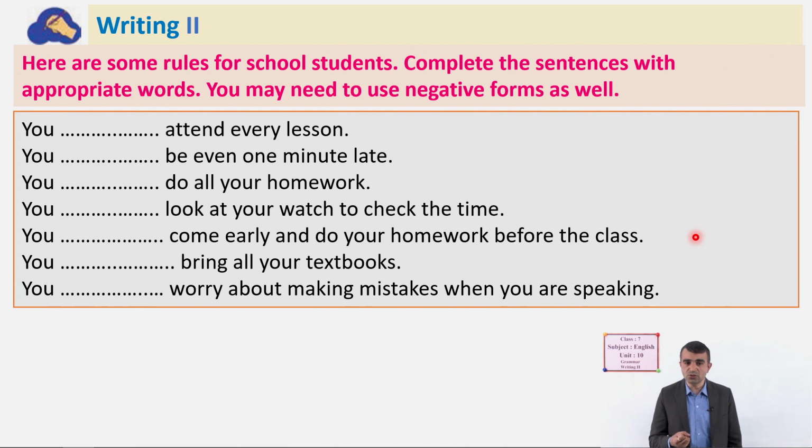You may need to use negative forms as well. So these are the rules for school students like you all. Now they are incomplete. Some blank spaces are given in each sentence. You should complete them using the same structures you have learned.